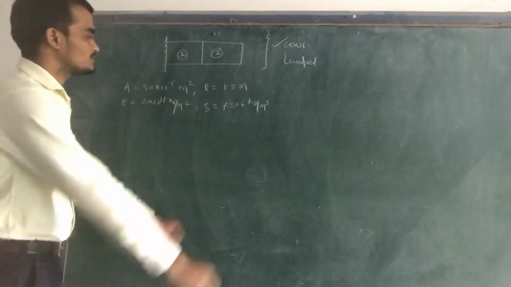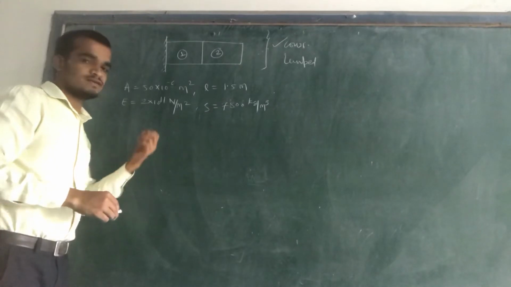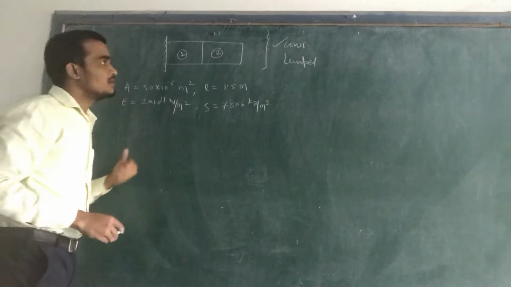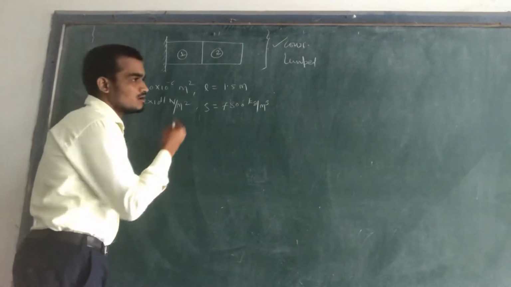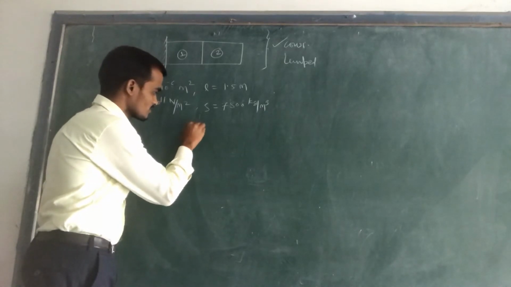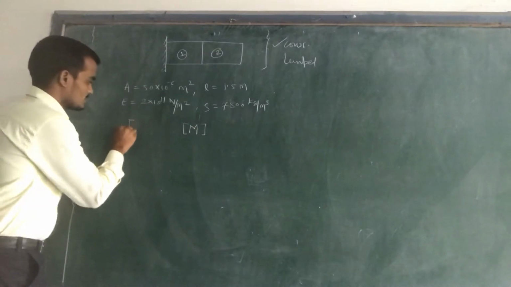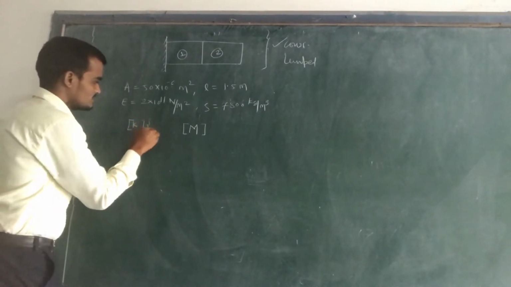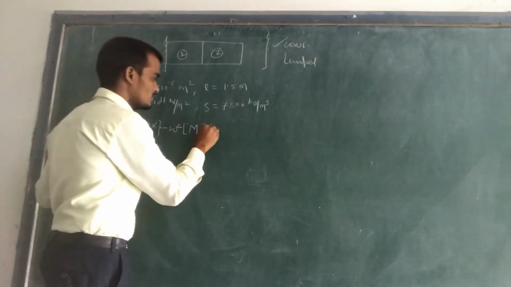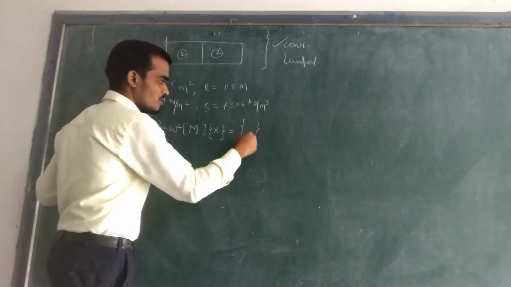As we know, using the consistent mass matrix system, first we need to find the mass matrix as well as the stiffness matrix. The equation is K times X minus omega square times M into X equal to the force vector, which is the boundary condition.